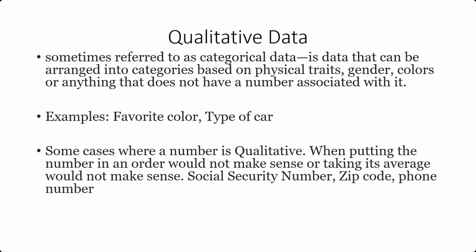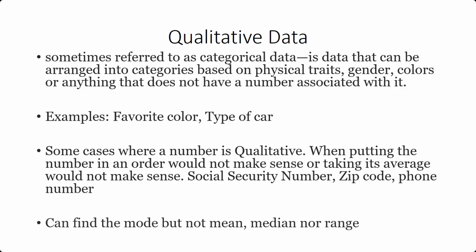So qualitative, for the most part, is not a number. It's a quality. When you have qualitative data, you can find a mode. For example, the mode for the grades A, B, C, D. The mode is probably an A in this class, because there are more A's than anything else.